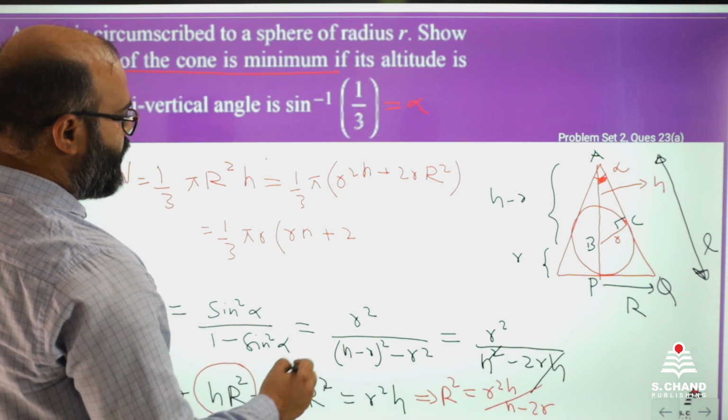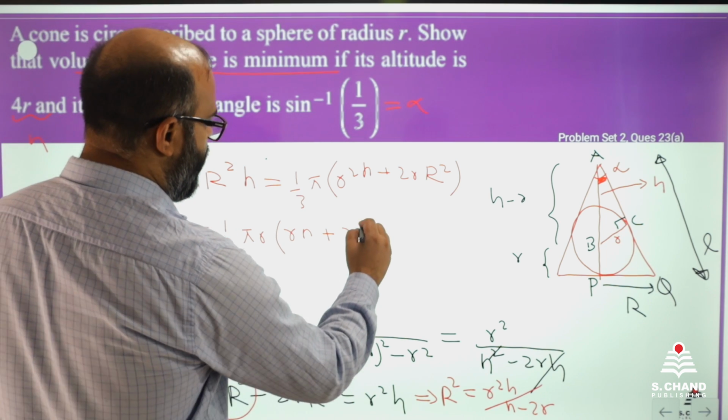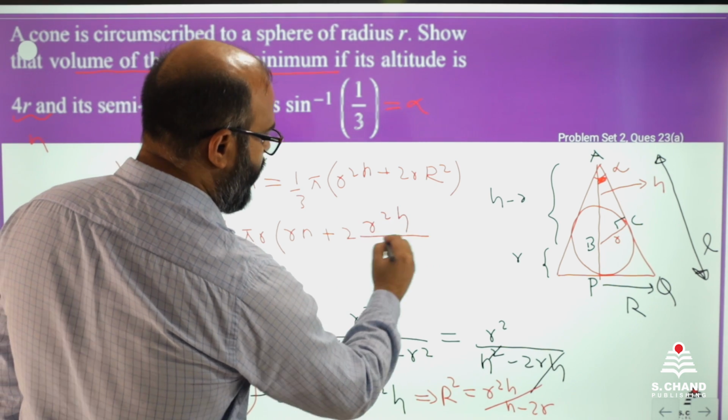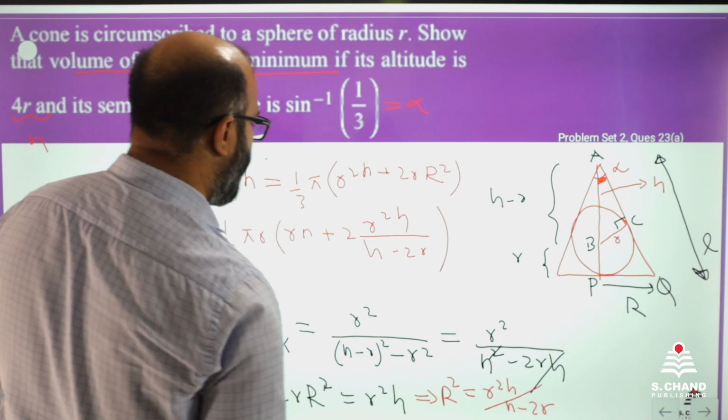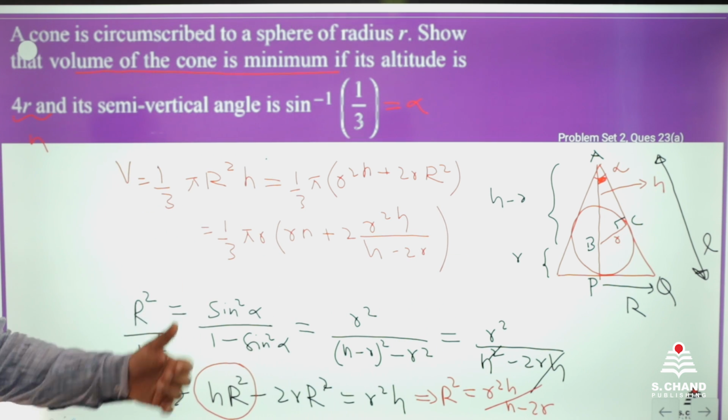So we can write this r square as r square h upon h minus 2r, like this. This is how we can write it.